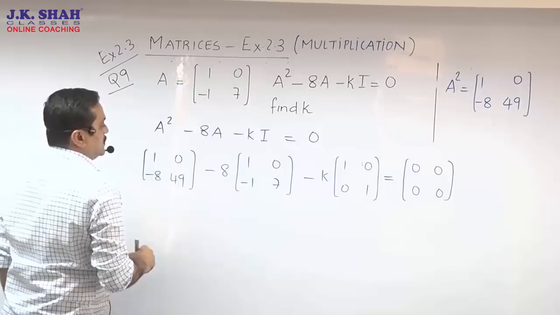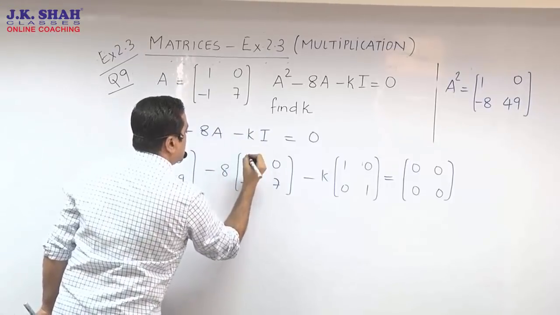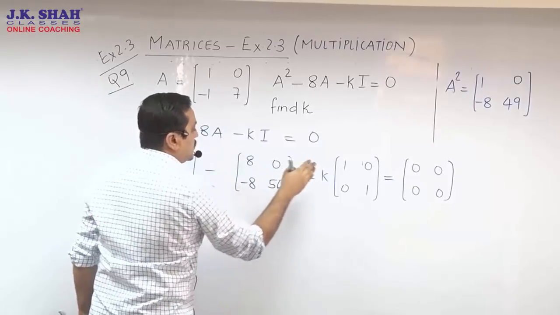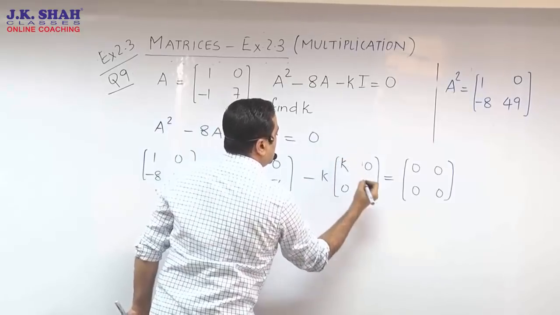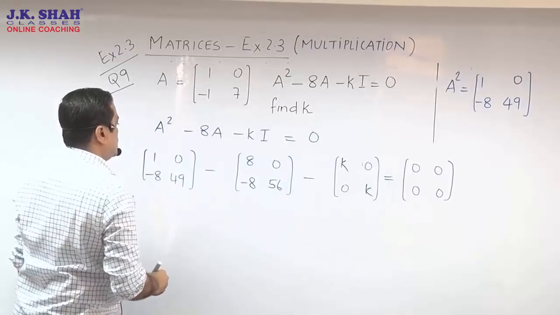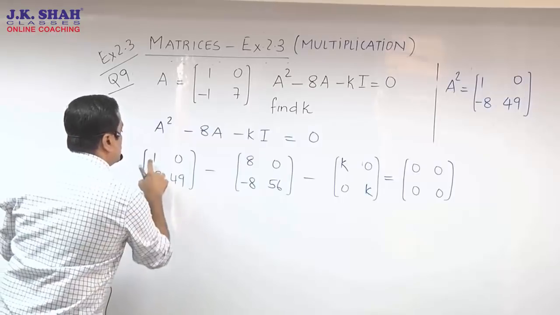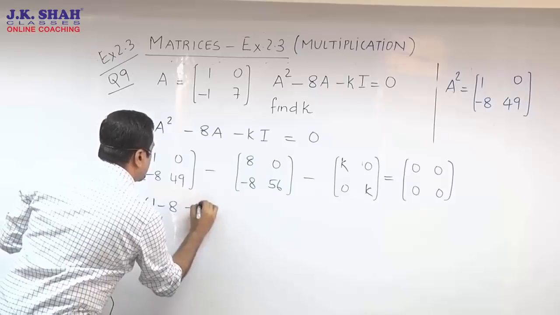Okay, now same thing. We push our 8 inside. So inside it will be 8 minus 8 56. The 8 is gone. We push our k inside. We multiply all the elements by k. So it's going to be k k. Now last step. Let's finish off subtracting the corresponding elements. It's going to be 1 minus 8 minus k. 1 minus 8 minus k.